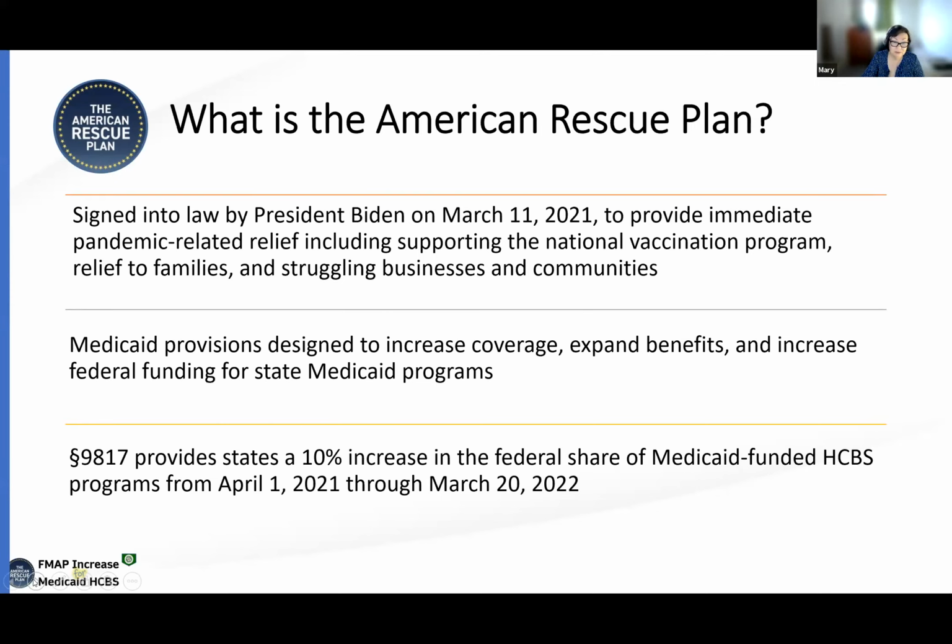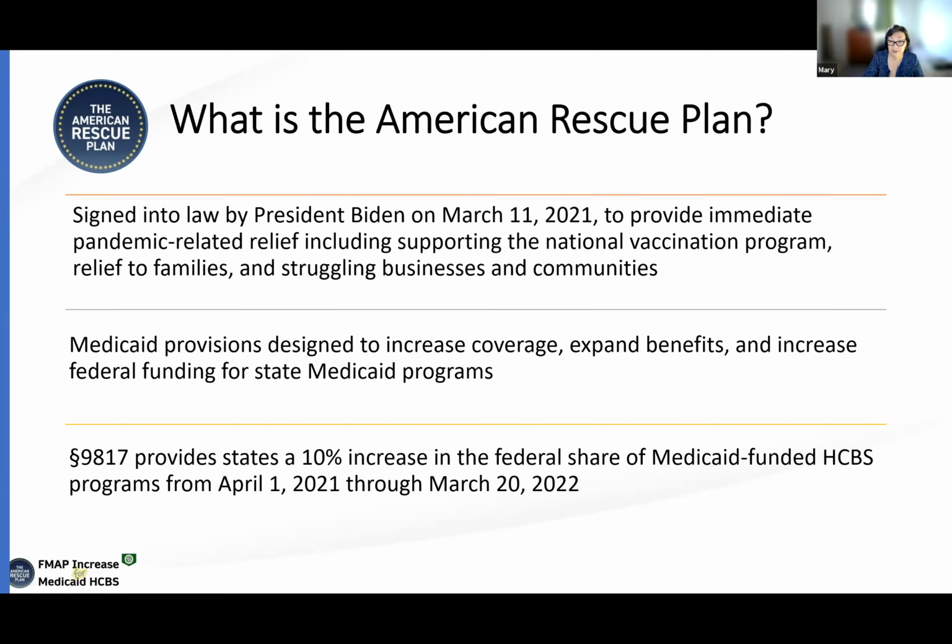What it does is it provides states a 10% increase in the federal share of Medicaid-funded home and community-based service programs. This 10% increase in the FMAP, the federal share, started on April 1st, 2021, and goes through March 20th, 2022.